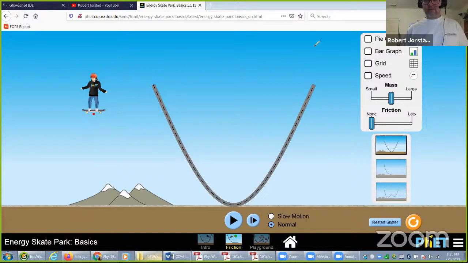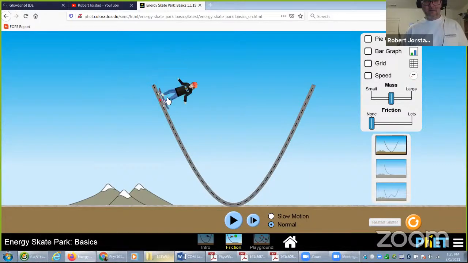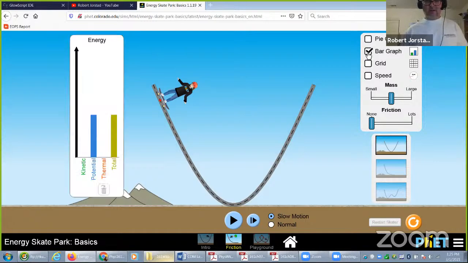And now what I'm going to do is put this person over here. Again, it's paused, and I'm going to hit slow motion for a second. And what I want to do is show, well, let's look at the bar graph. Right now, the person is not moving. Okay. So right now, notice there's no kinetic energy.